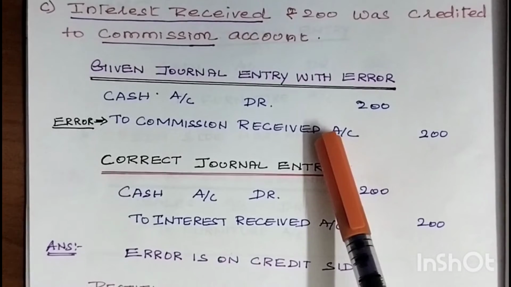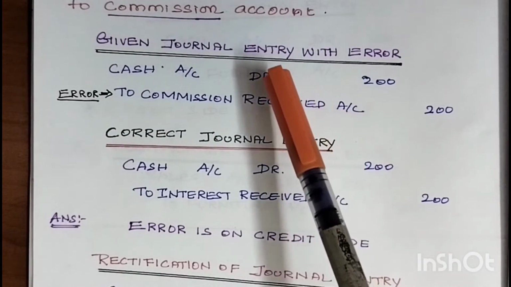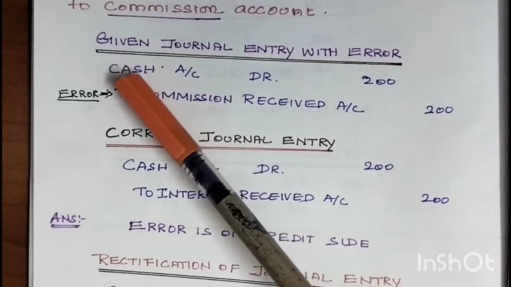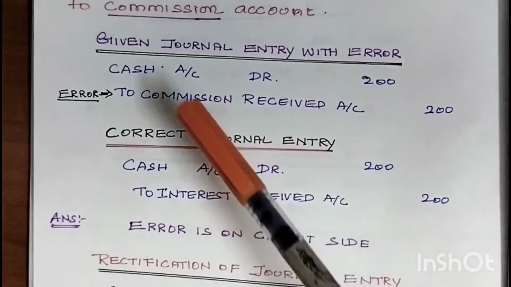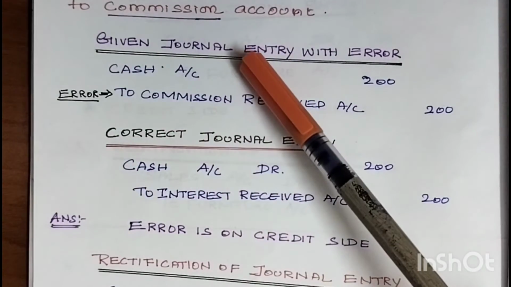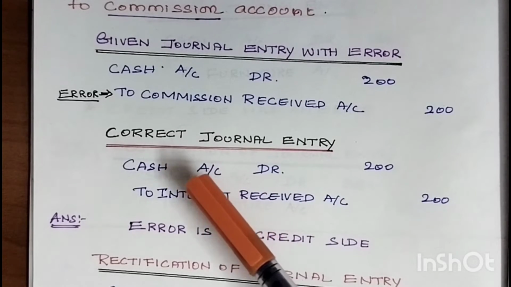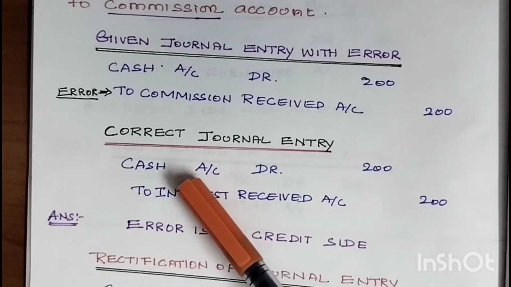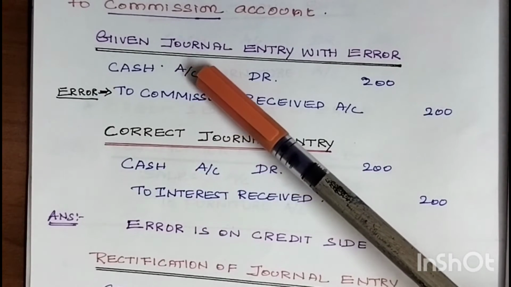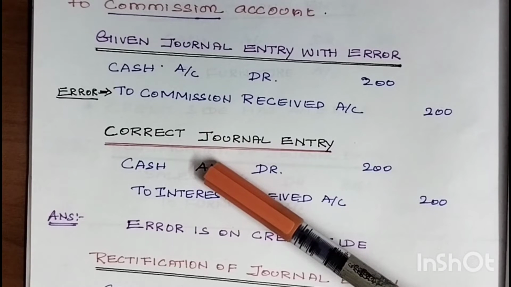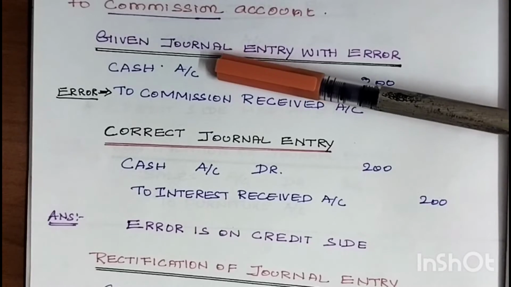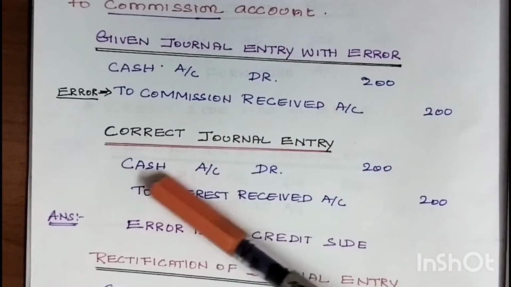So listen, can you find out which side has the error? First we take the debtor side, cash account. We have to compare both accounts, the given account and the one we made. Okay, we prepared the journal entry, we passed the journal entry. You have to compare these two journal entries. Okay, then only you can find out the error. So first we take the debtor side, cash account debtor and cash account debtor.